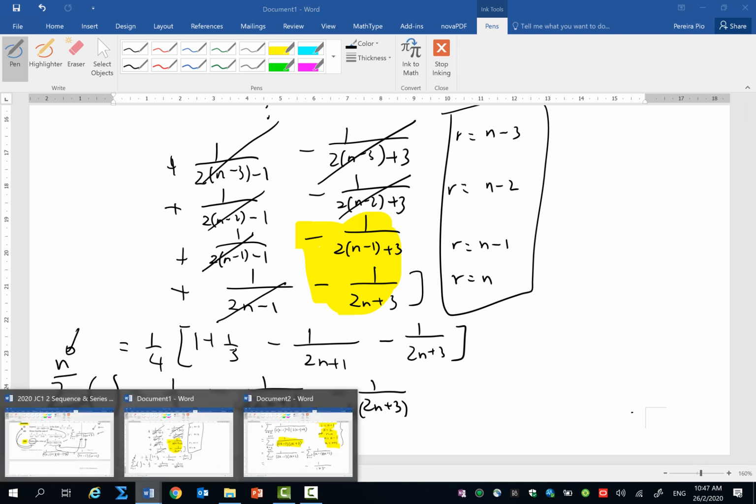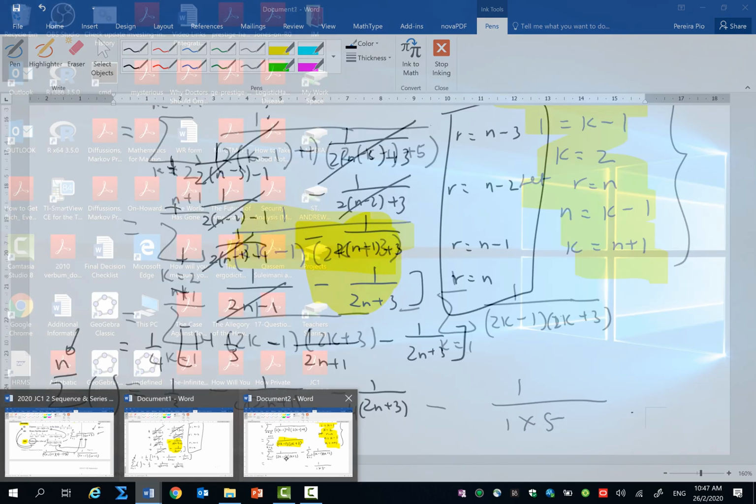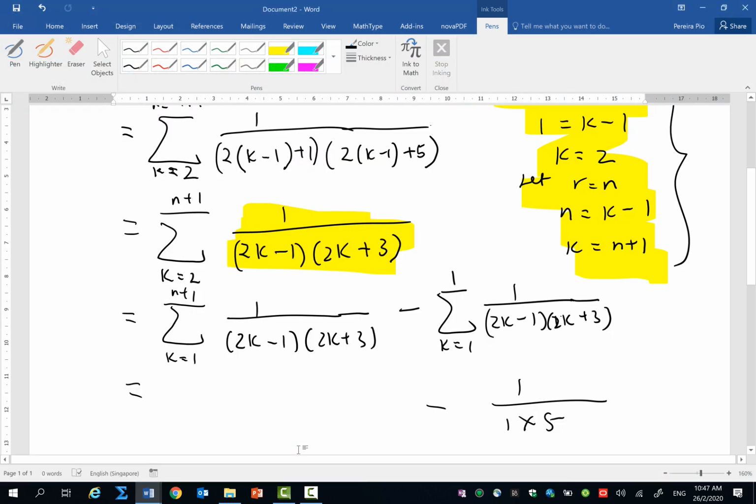But for this particular case, this one actually stops at n plus 1. So what do I do? I just see the n and replace it with n plus 1. Very simple. Because this one ends at n plus 1, just replace your n with n plus 1.